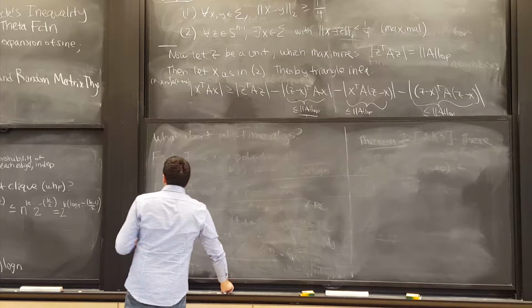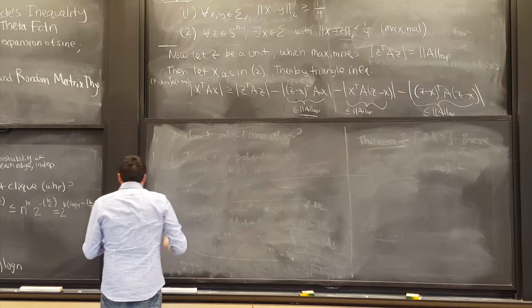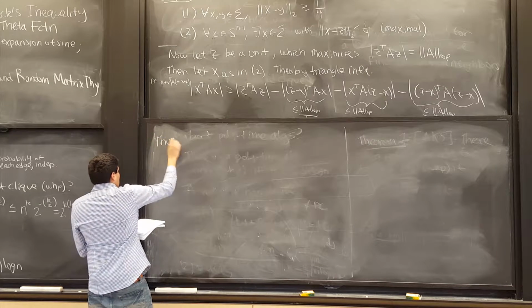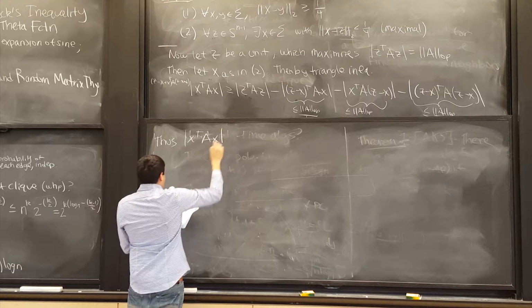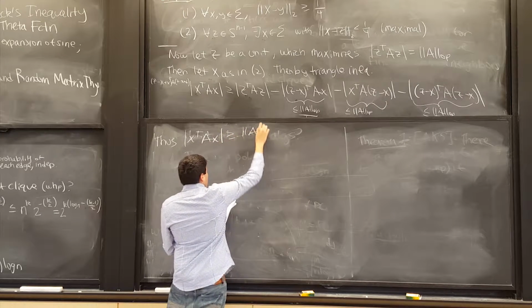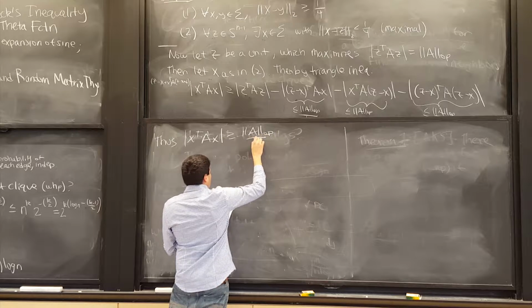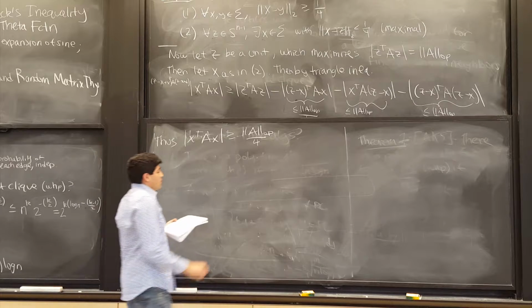At the end of the day, we had that X transpose A x, just to finish this last line of reasoning, and here I'm not trying to get the tightest constants possible, I'm trying to keep it simple, is at least 1/4 times the operator norm.